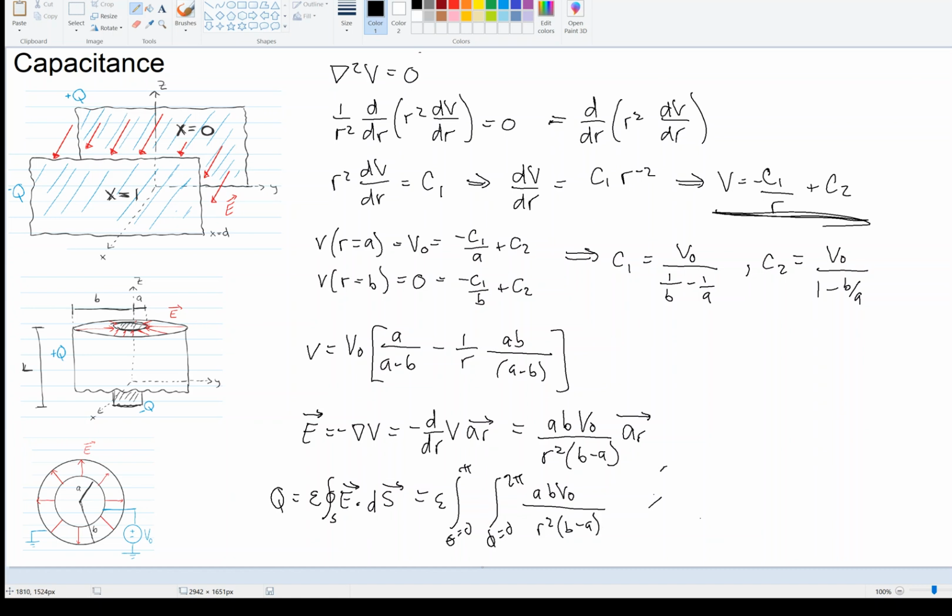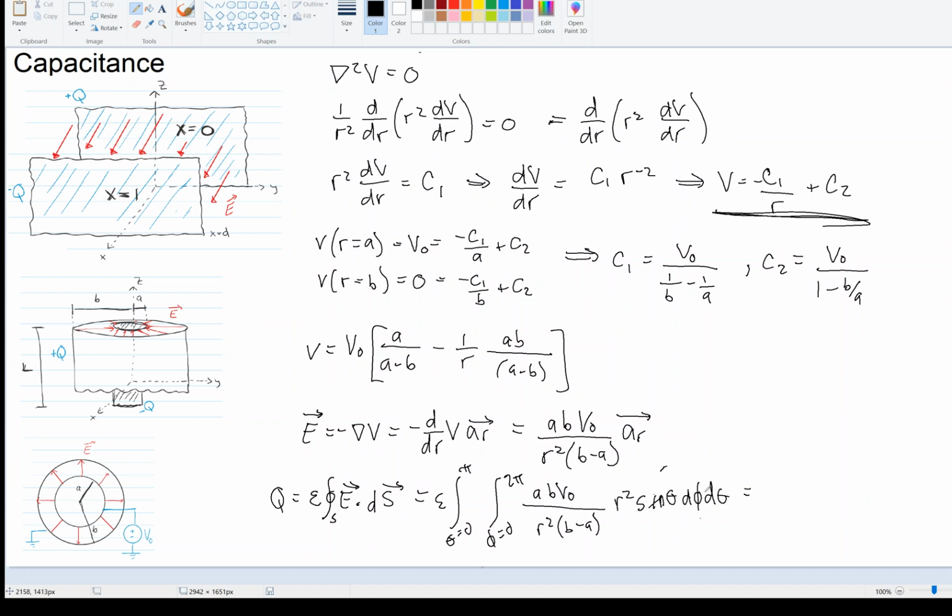And do you remember what dS was in this case when phi and theta were changing? It was r squared sine theta d phi d theta. So I'm going to write that down. R squared sine theta d phi d theta, like that. So I've done the dot product already because E is parallel to S. Alright, so I do this integration and the r squareds cancel.